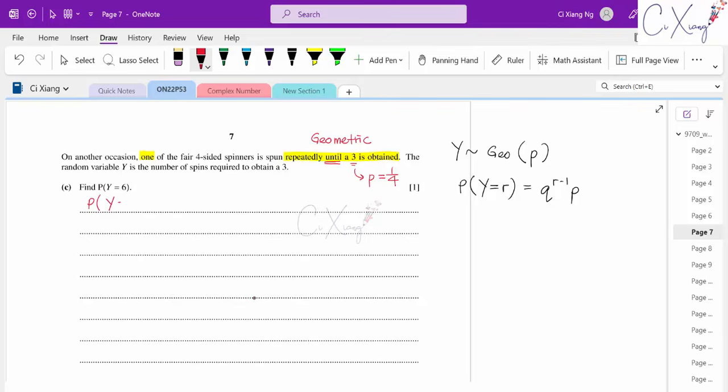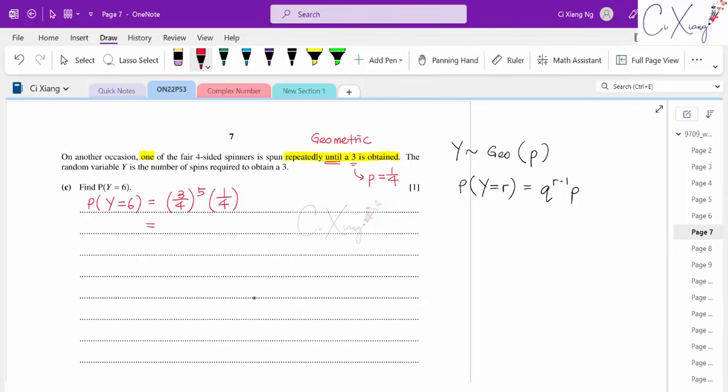Since I already know that my p is 1 over 4, for the first 5 throws or spins, I didn't get 3. So it will be 3 over 4 power 5. And then only at the 6th time, you get this number 3 that you want, which has probability 1 over 4.